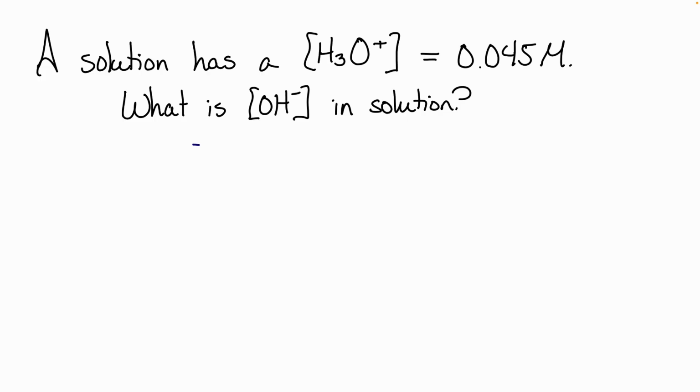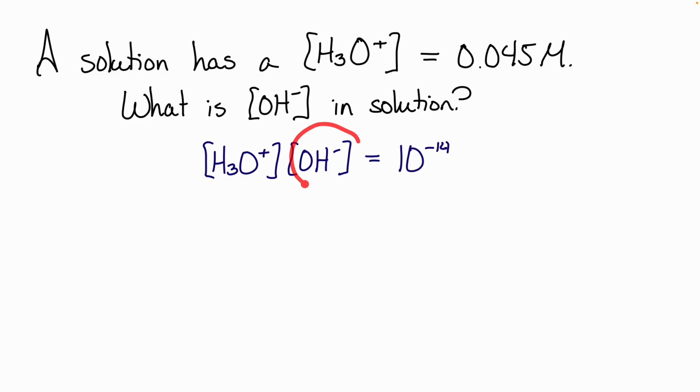All right, so I'm going to take my autoionization relationship, my concentration of hydronium times the concentration of hydroxide equals that same 10 to the negative 14. And I need to solve this equation for that concentration of hydroxide. And whenever we're trying to solve for something, that means we need to get it all by itself.